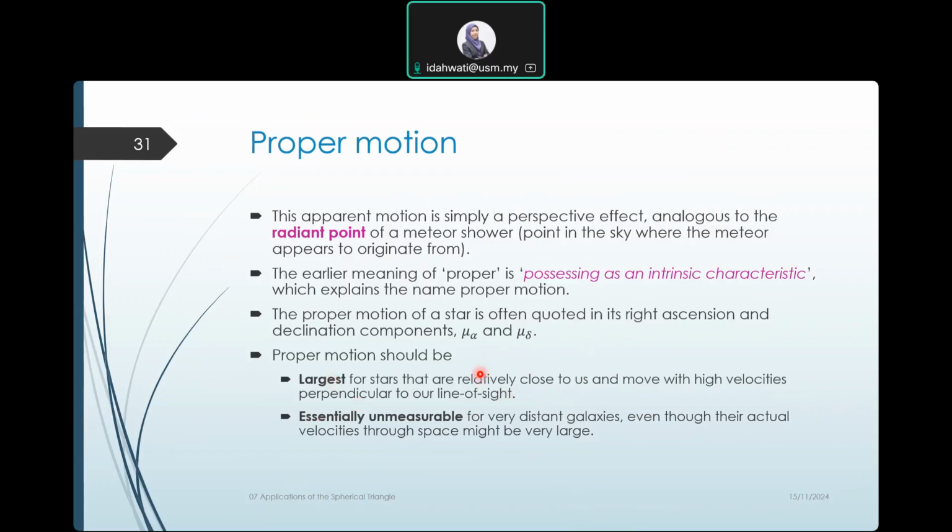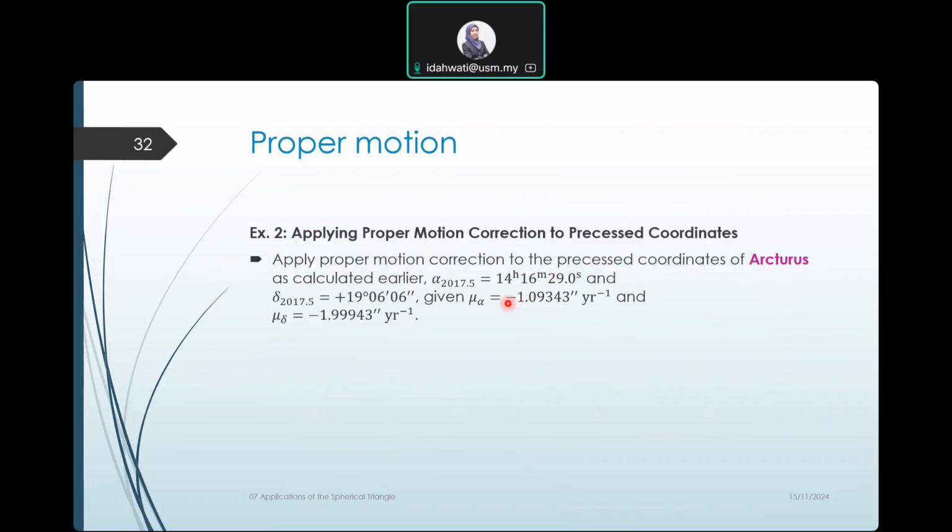So the proper motion should be largest for stars that are relatively close to us and should be essentially unmeasurable for very distant galaxies. So this is an example of how to apply the proper motion correction to the precise coordinates.